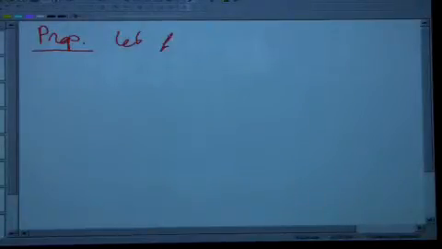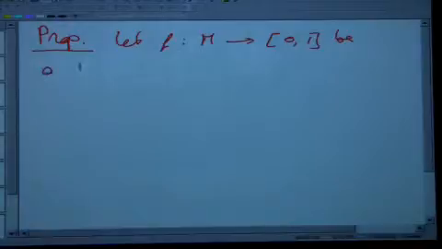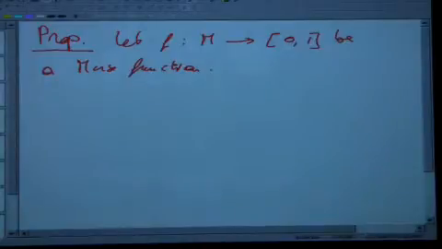So, proposition. Take a Morse function. Take the level sets of the Morse function.